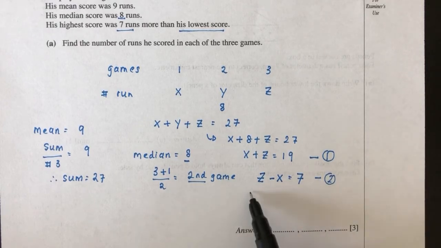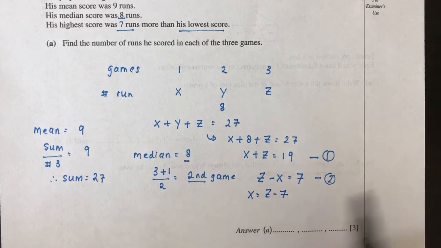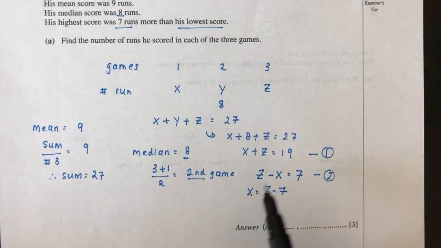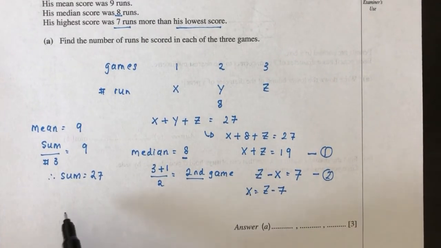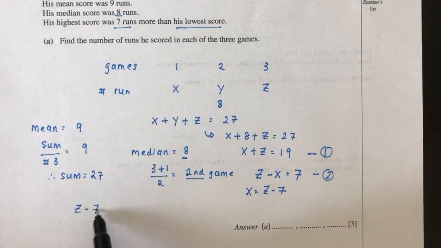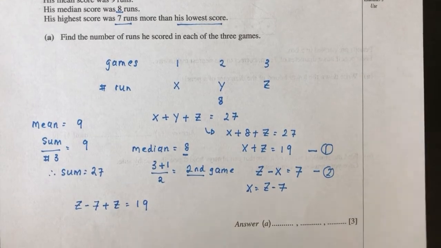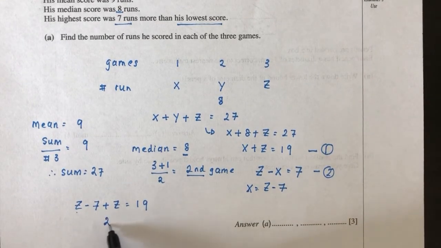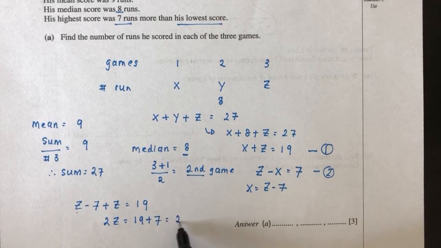So X, let's make this X subject, becomes Z minus 7. Now replace this X in this first equation. Let's do it here. We have Z minus 7 plus Z equal to 19. Now Z plus Z will be 2Z. 19 plus 7, that will be 26.